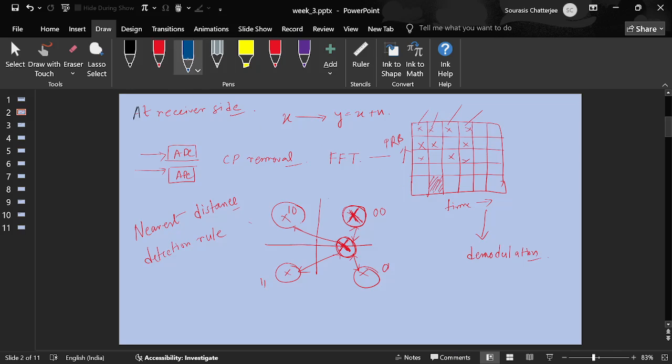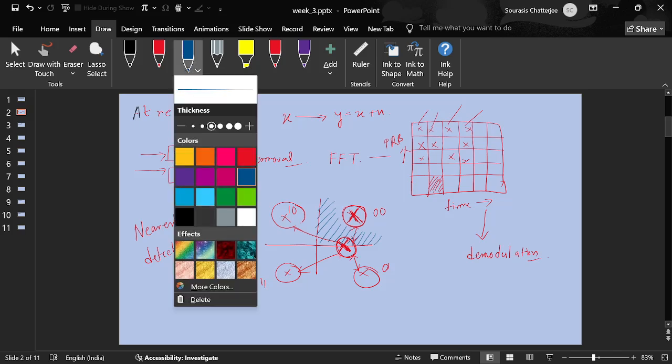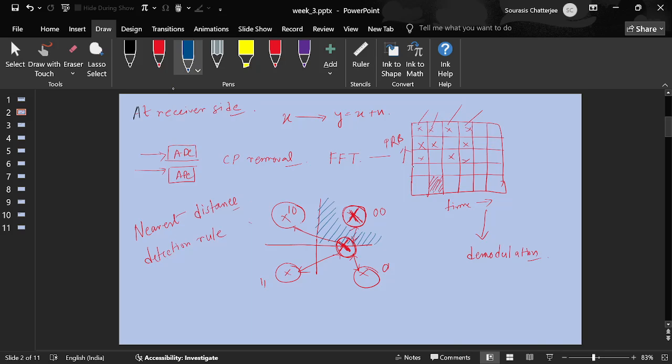So let's say 00 is transmitted and I am assuming that the received symbol appears outside this zone. Do you think it's going to be in error or can it still be detected correctly? It can be detected correctly. Can it be detected correctly if we apply the nearest distance detection rule?